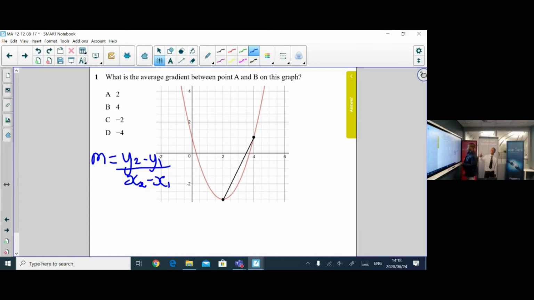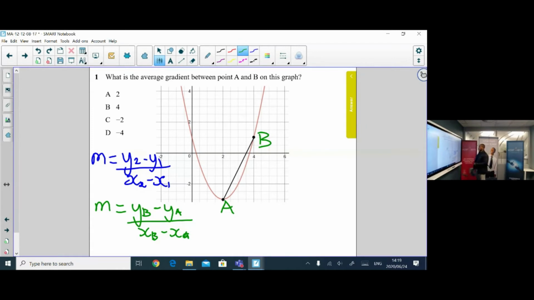If you want to be strict with it, according to this particular question, you can also write it with y and call it. So let's say this is our A and this is our B. You can also say yB minus yA over xB minus xA.